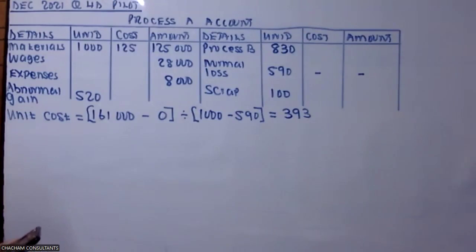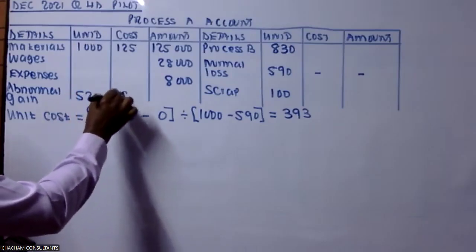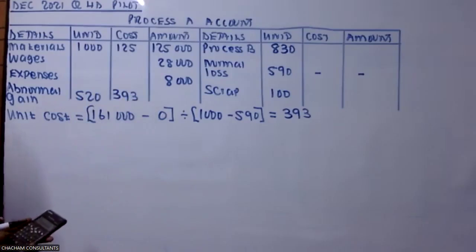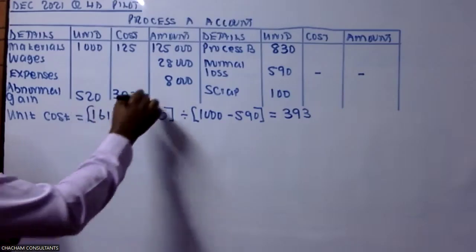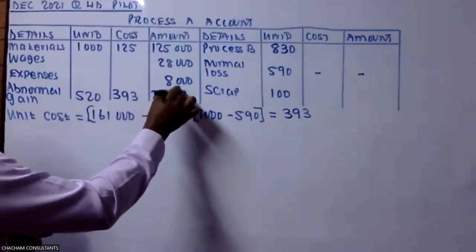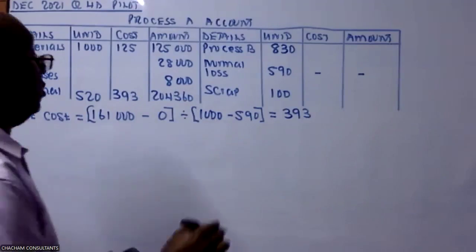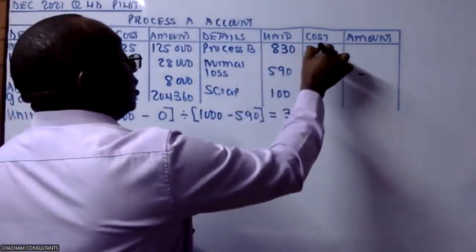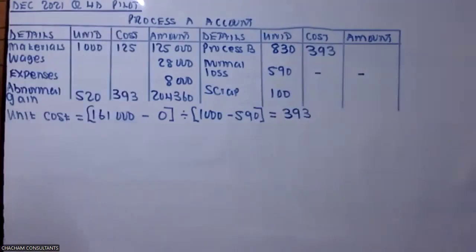161,000 divided by 1,000 minus 590. Yes, 393. So that 393 is what you use here for the abnormal gain. So 520 times 393, you get 204,360. Then here you put 393 for the output.